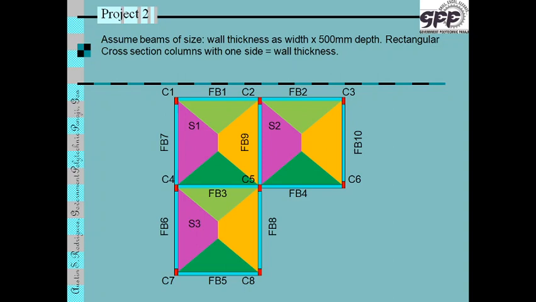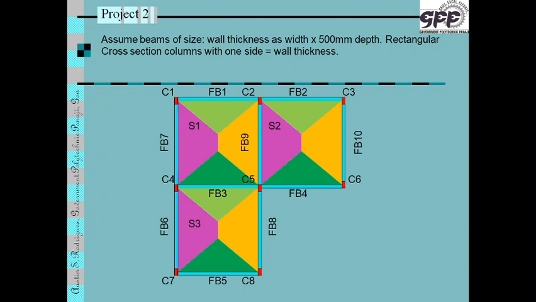As we come down, when we are looking at the beam FB3, in this case, it has the contributions from the slabs on its either sides. So the load coming on the beam from the slab will be as a result of S1 and S3, and its self weight will be only due to FB3. Similar case we find with the beam FB9.